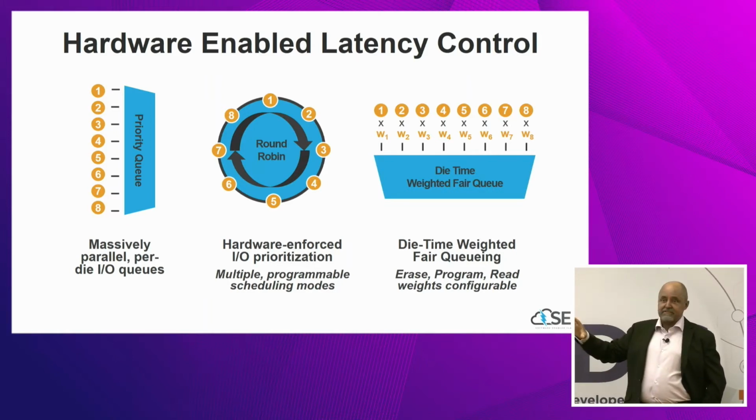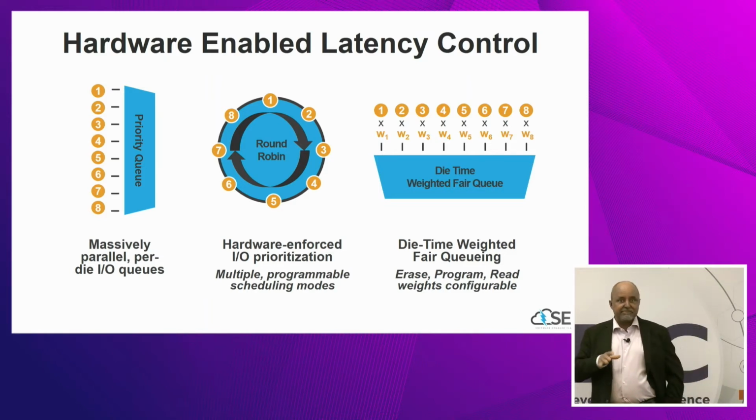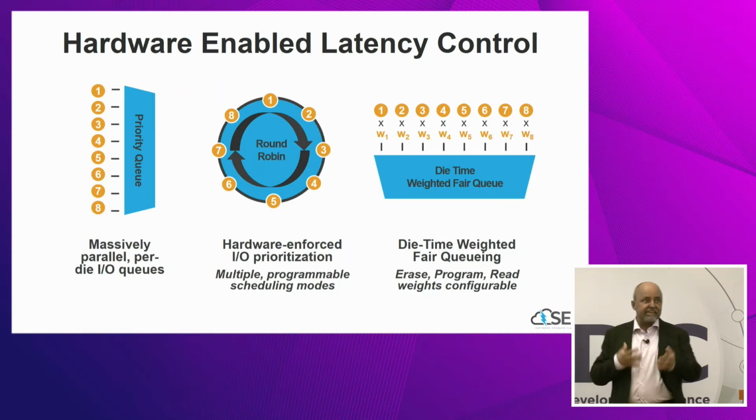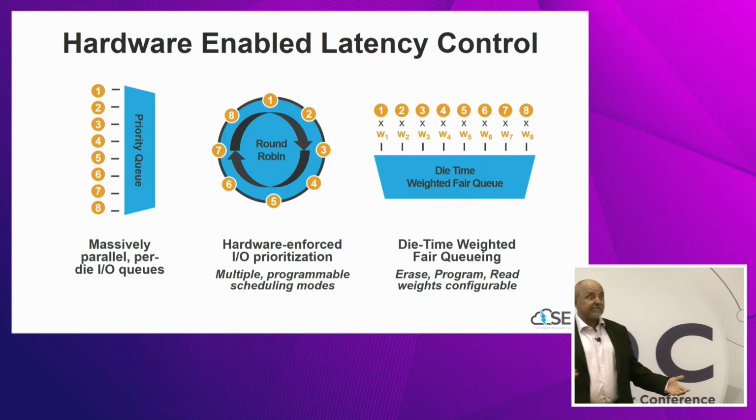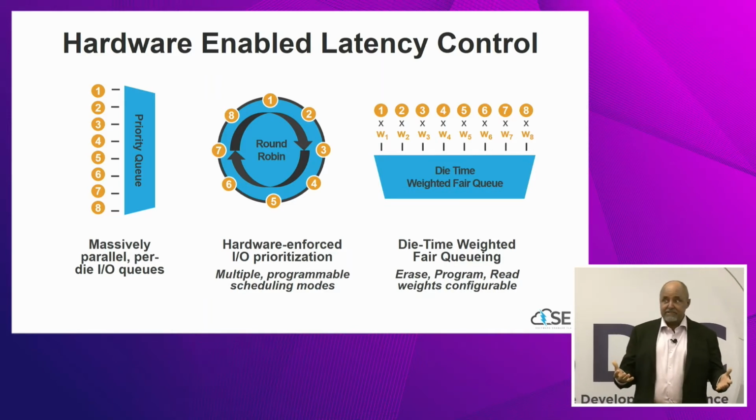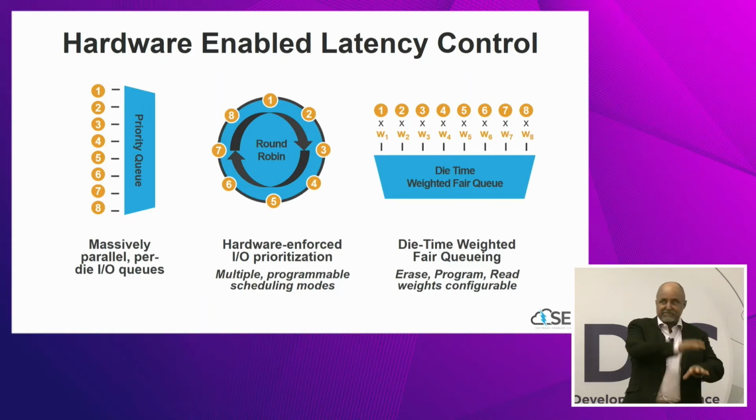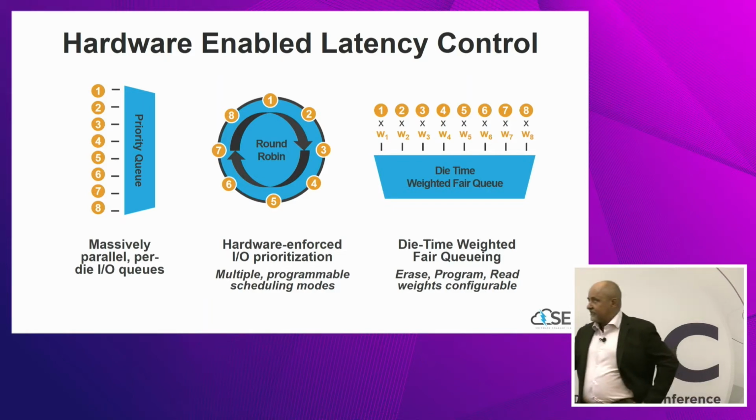We couple that with three different modes of I/O prioritization. These come as default options, and you can set at a workload level whether you're going to have priority queuing where one workload always wins over another, a nice fair round robin, or something called die time weighted fair queuing, which is a really advanced way of saying I want to get exactly this sort of read-write ratio on the flash.